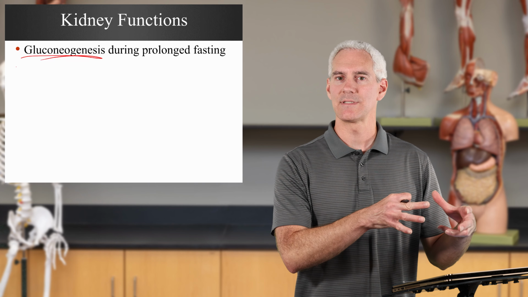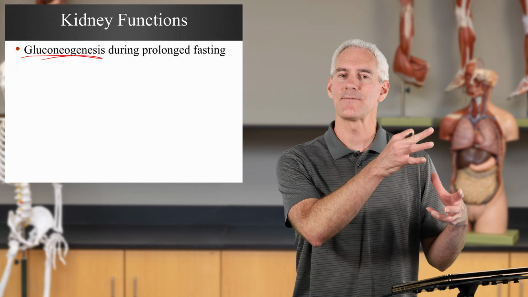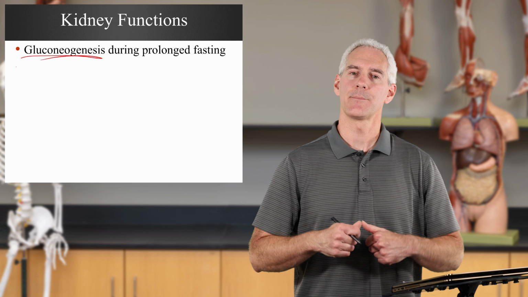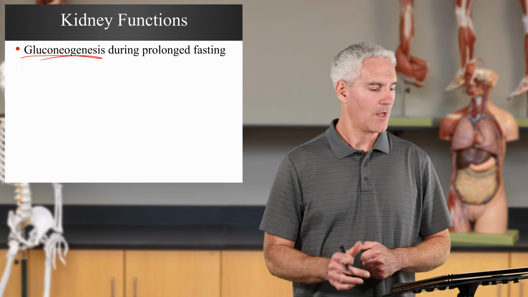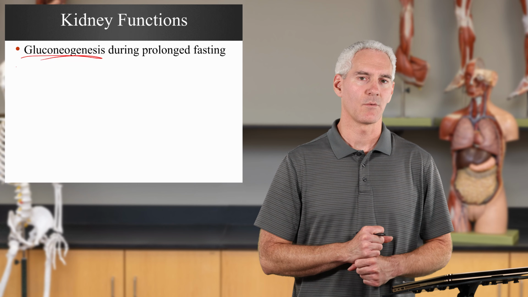It'll then break those down and convert that energy into a carbohydrate form, think glucose, so your body can produce ATP. So in gluconeogenesis, we're utilizing non-carbohydrate energy forms to produce carbohydrates to use for making ATP. Another function of the kidney.